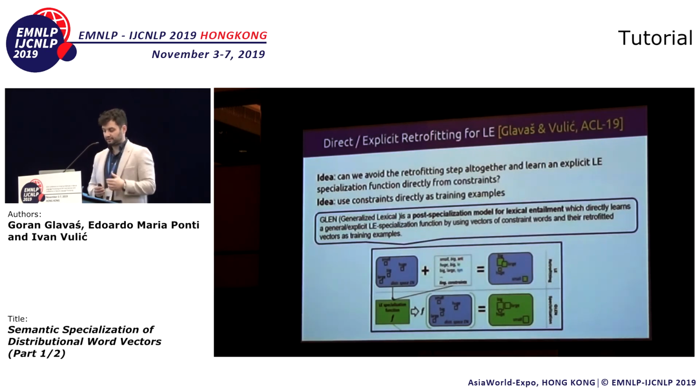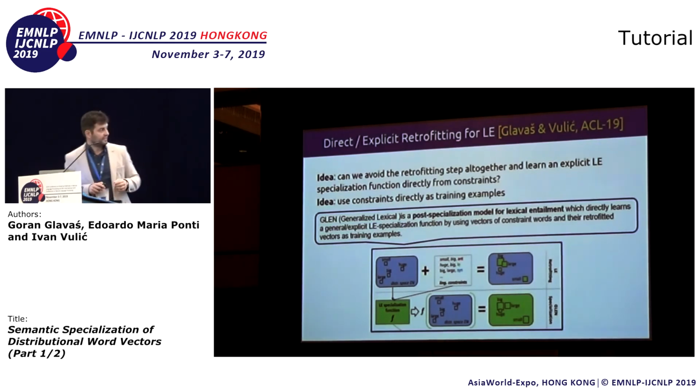In the direct or explicit retrofitting for lexical entailment, it's again the idea that we don't want to do retrofitting at all. The idea is we can skip the retrofitting and use the constraints directly as training examples for learning the explicit specialization function.